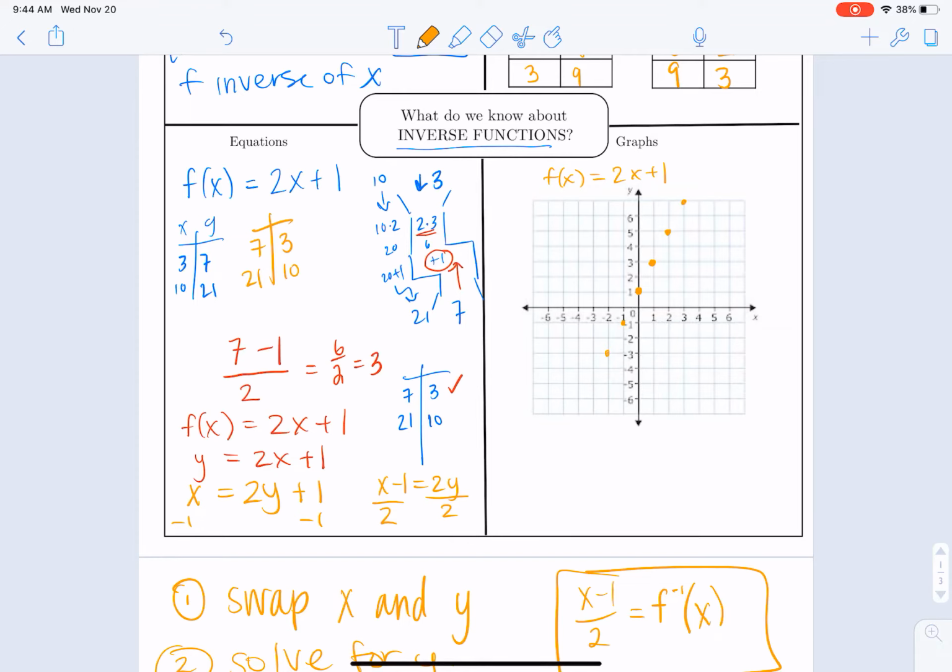So here is my f of x. So let's just think quickly about what this table would be like. I have -2, -3. I have -1, -1, over 0, up 1, over 1, up 3, and over 2, up 5. So let's take a look here. This is my x, this is my f of x.